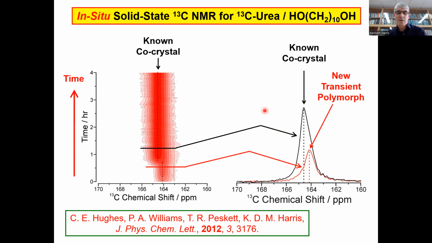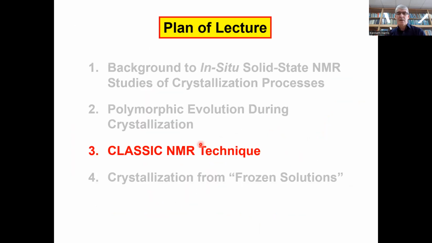And this leads us to the discovery of this new phase in this particular system. And obviously, because we can see from the in-situ NMR exactly the time period during which that transient solid phase is present, then we can stop the crystallization, isolate it, and characterize it from this knowledge, from these results.